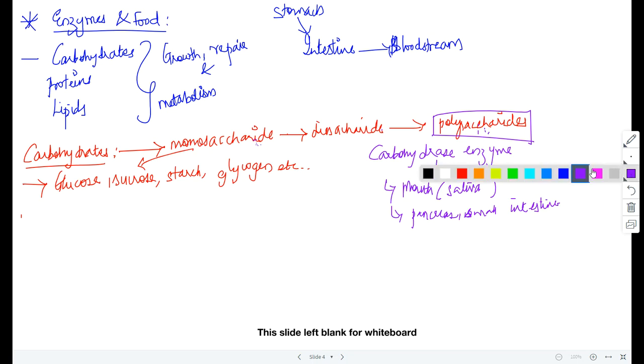Clear with this carbohydrates part? You're clear with how carbohydrates are breaking down? Next, what we are going to see is about proteins.